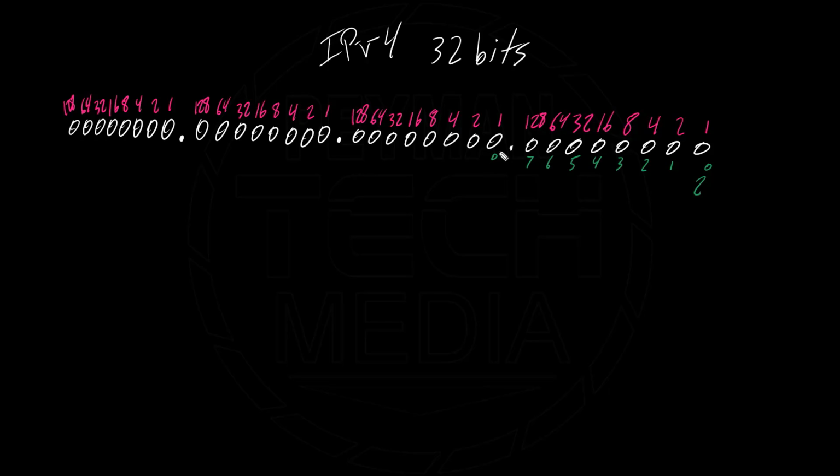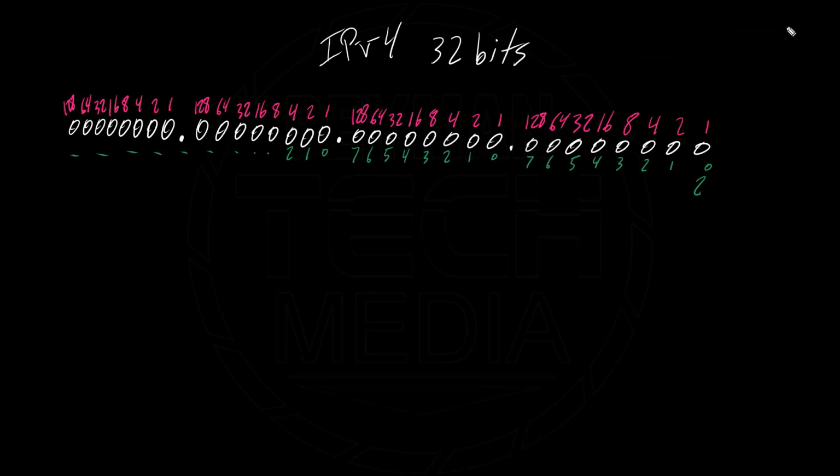Why 2? Because in binary number systems we have 0 and 1. 0 is off and 1 is on. Again, I highly encourage you to watch the previous videos, where we talked about the binary number system and how we can convert binary to decimal.